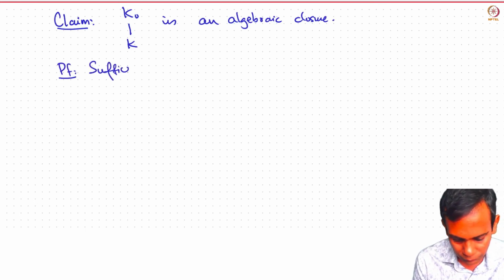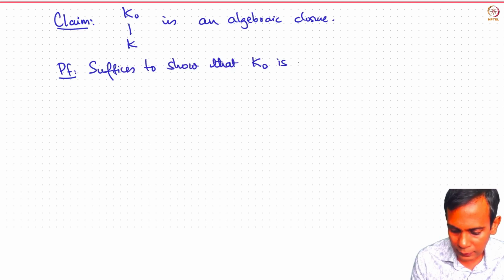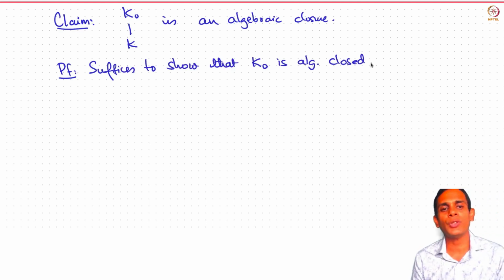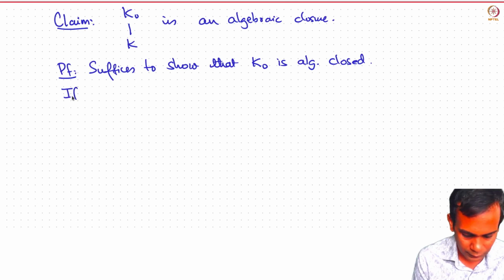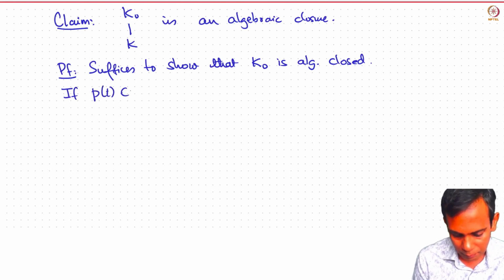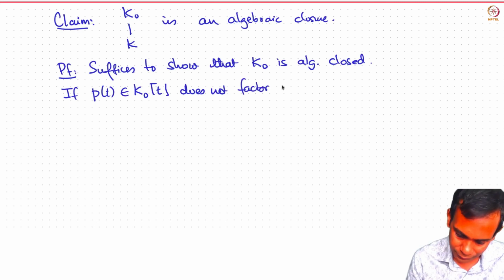Suffices to show that K0 is algebraically closed. So what we need to show is that every polynomial in K0[t] factors into linear factors. So if p(t) belongs to K0[t] does not factor into linear factors, we'll try to get a contradiction.